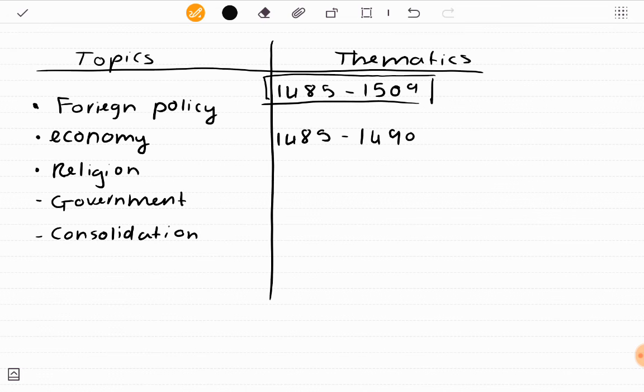So you could look at those 5 years, because if you're studying this topic, that's quite an important area. You could then do from 1490 to 1500, and then from 1500 to 1509. And that will be your 3 points.